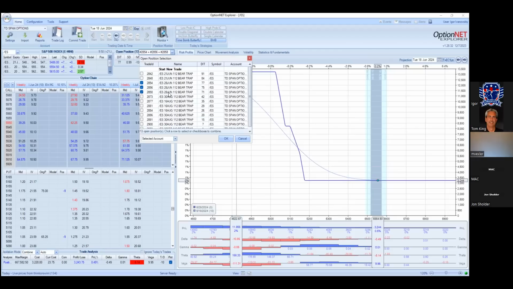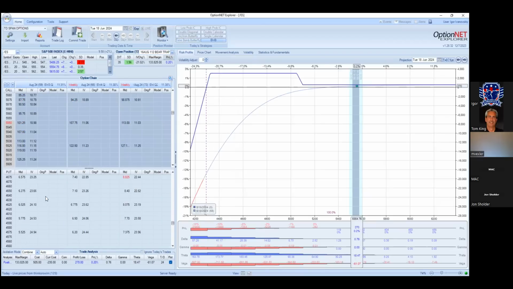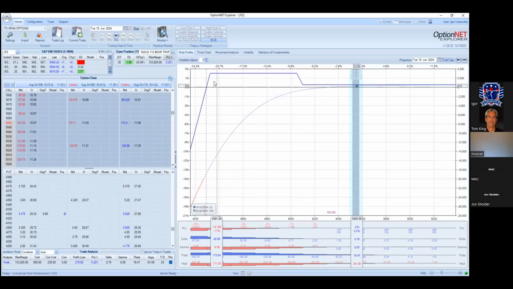So after June 28th, I have August 16th, which is kind of weird right now because there's still a lot of time, right? There's 59 days to go. So that's 2 months, right? And we have these far out of the money naked puts that are over 20% out of the money.